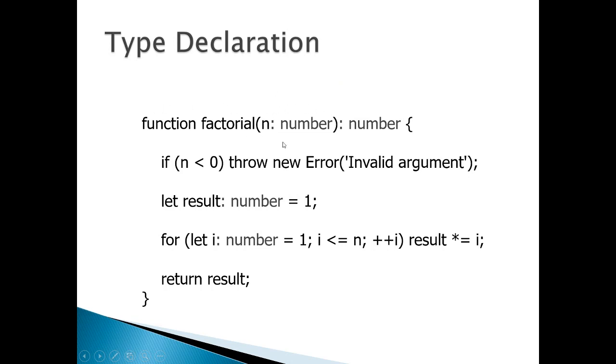We are inputting a number, and colon number, so it will take a number input and it will return a number also. So if n is less than 0, throw new error, and result is equal to 1, and so on. It will perform its functionality. You have to define the types for the incoming variable and the outgoing variable also. If we don't define the type, it will infer it from the first variable which it gets.